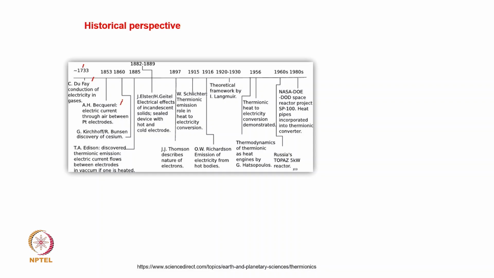Becquerel showed electric current through air between platinum electrodes, and Kirchhoff, actually this was a discovery of cesium, and then the breakthrough came after the discovery by Thomas Alva Edison.